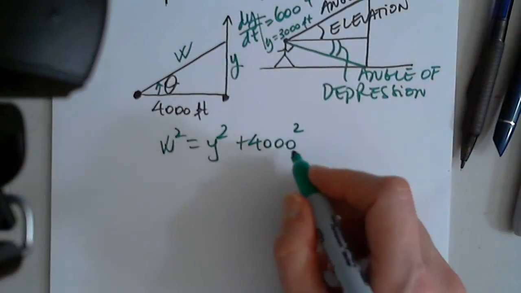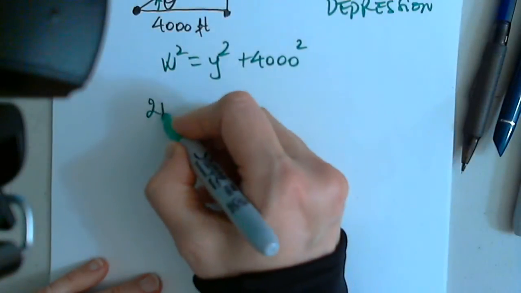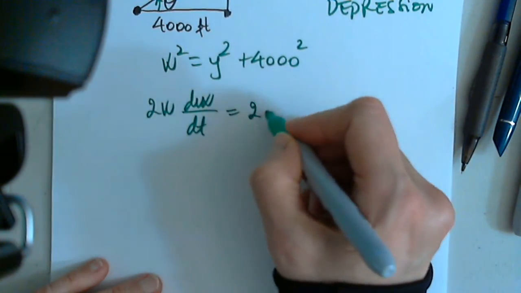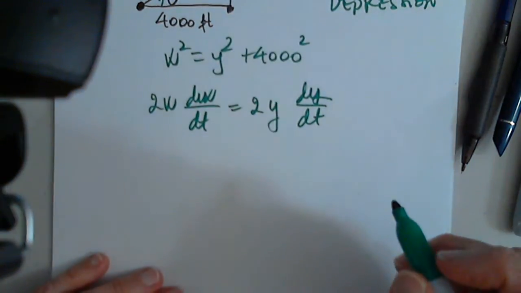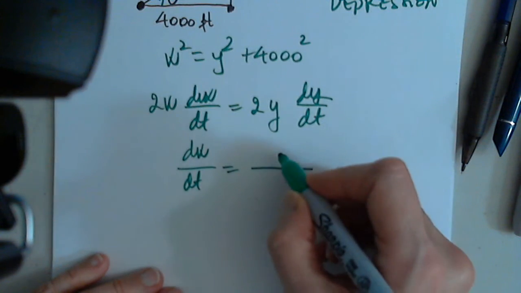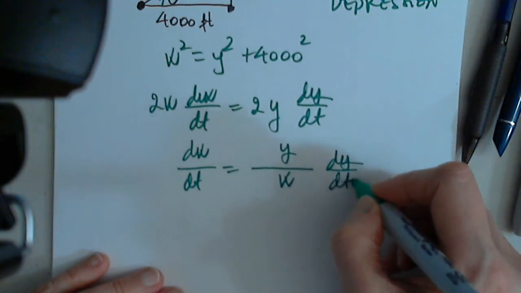And then we differentiate implicitly, and we get 2W dW over dt equals 2y dy over dt. And then I get that dW over dt equals y over W times dy over dt.